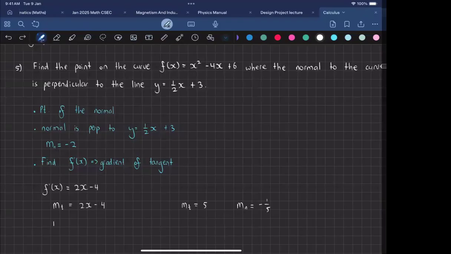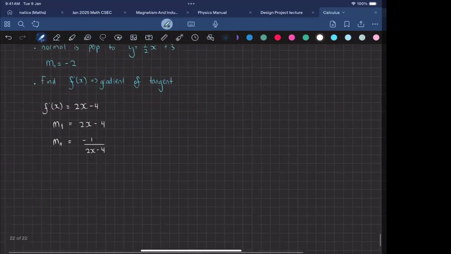So minus 1 over 2x minus 4. That's correct. You understand, right? Yeah. So the gradient of the tangent is 2x minus 4, but the gradient of the normal is the negative reciprocal of it, so minus 1 over 2x minus 4.